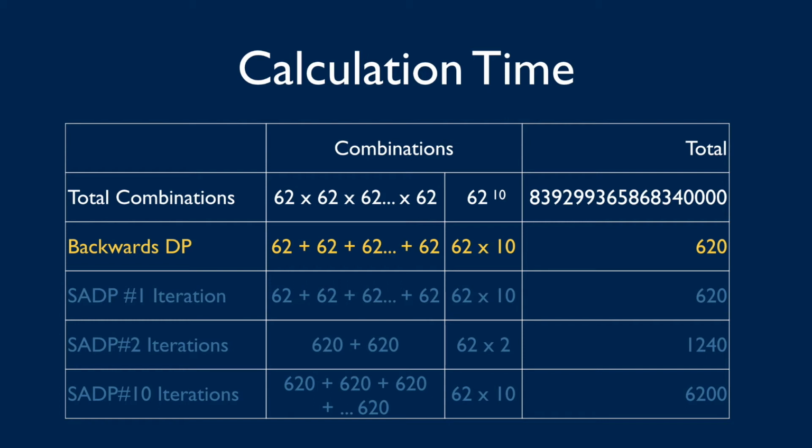Now, although this seems like a lot of calculations, it's actually way less than the total number of valid schedules that are possible. So we've saved a huge amount of time.